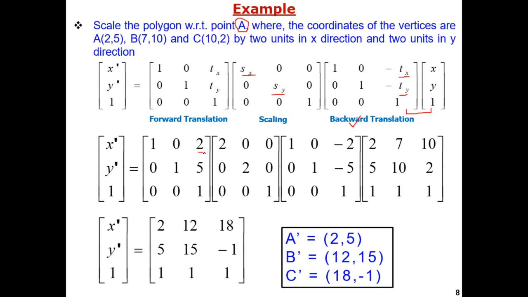You can see the 2 and 5, the 2 and 2 matrix, and this backward translation, applied on the three points, that is A, B, C. In the three points, first of all we apply the backward translation, then the resultant will be multiplied by the scaling matrix, and then the resultant will be multiplied by the forward translation. After that you get this result. This is the final result, and you can see A dash, B dash and C dash.